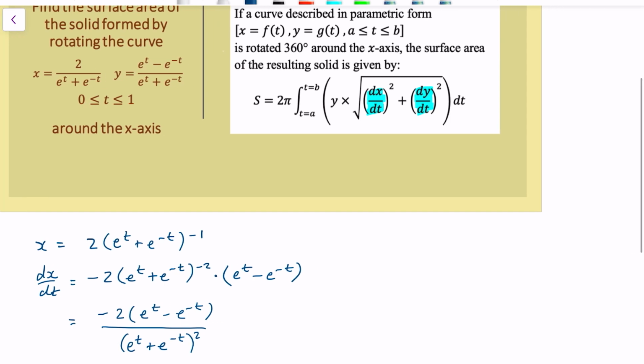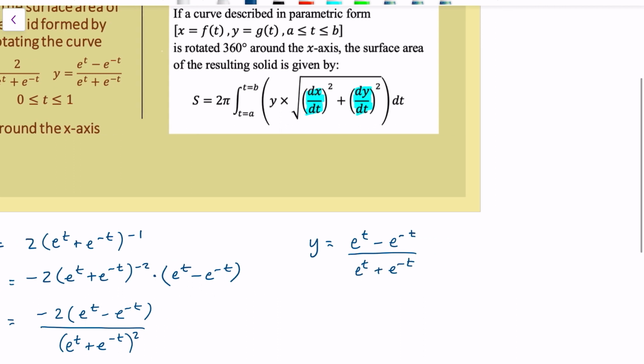Now do the same thing for dy/dt. This time we'll use the quotient rule though. So we've got y equals e to the t minus e to the minus t, all over e to the t plus e to the minus t.